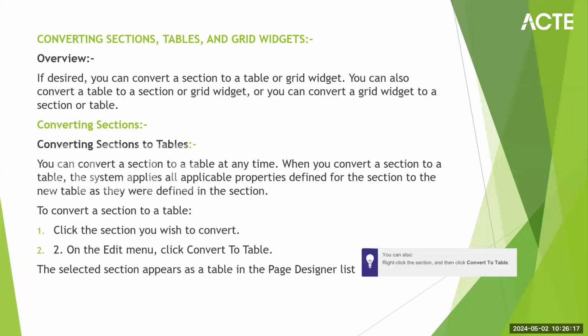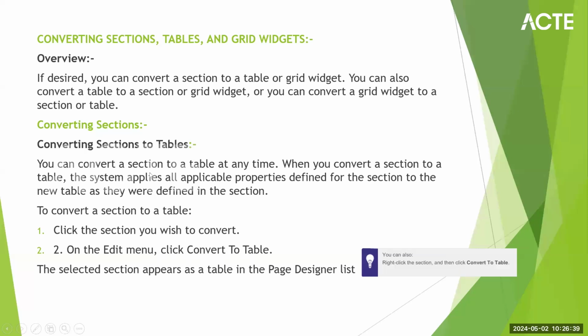So how to convert? Click the section you wish to convert. In the page designer, click on the section heading. On the edit menu, click convert to table, or you can right click and choose the convert to table option as well.